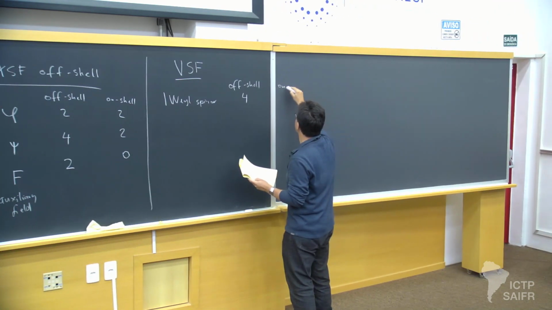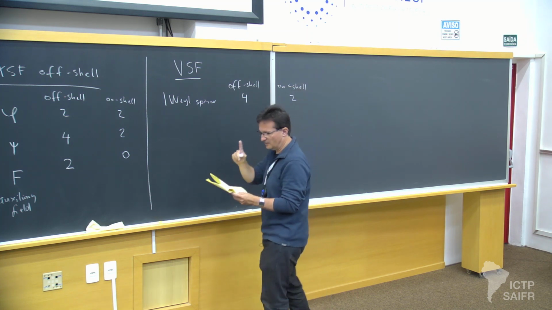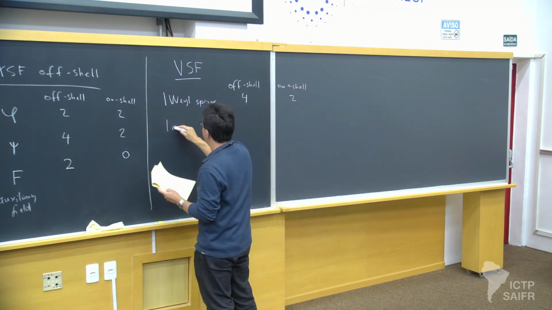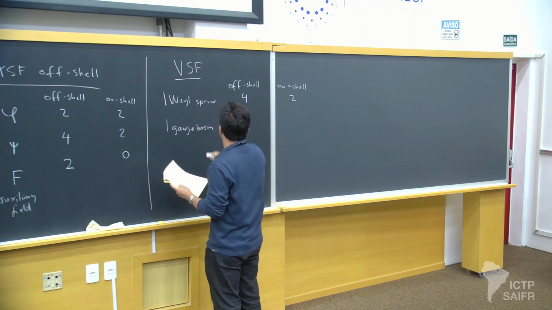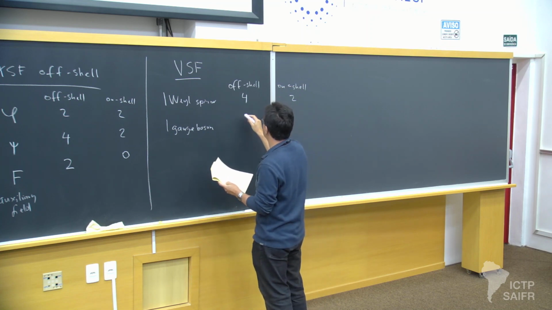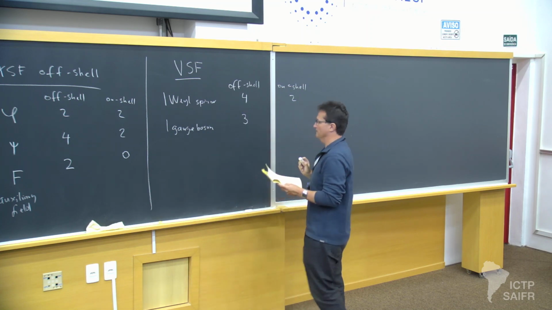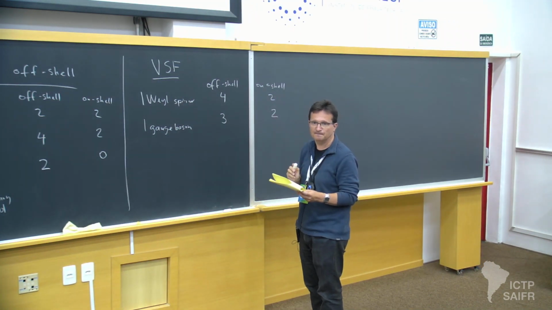On shell, 2. And now I have 1 gauge boson. This gauge boson off shell has 3 degrees of freedom, but on shell, it only has 2 degrees of freedom.